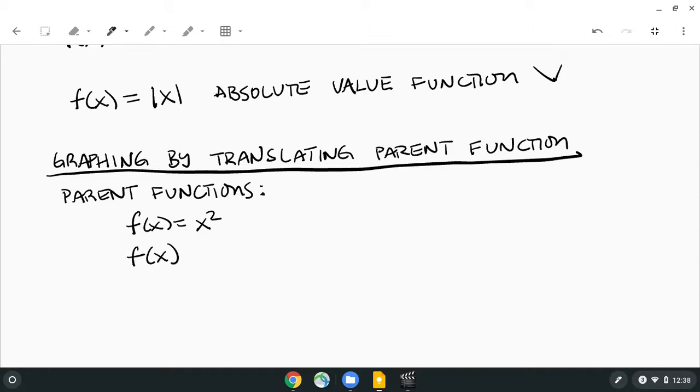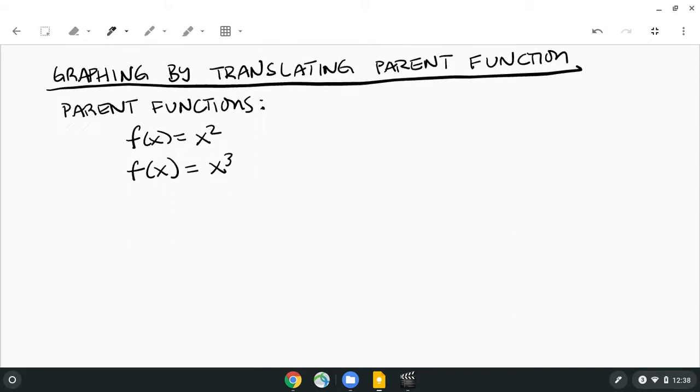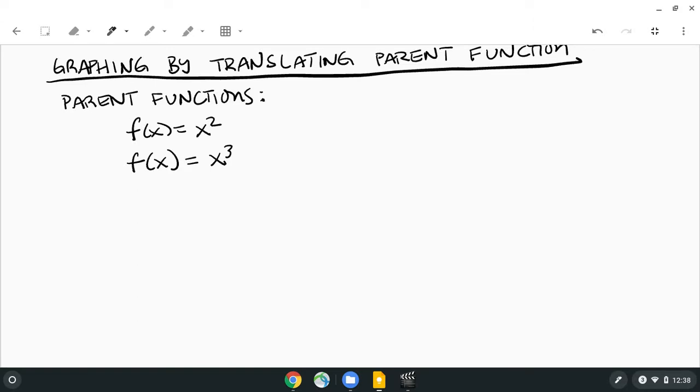We know what that graph looks like. That's the u with points at 0, 0, 1, 1, and negative 1, 1. And we know what this parent function looks like. That's the snake-looking one with points at 0, 0, 1, 1, negative 1, negative 1. And also absolute value of x. We know what that looks like. That's the V-shaped graph with points at 0, 0, 1, 1, negative 1, 1.